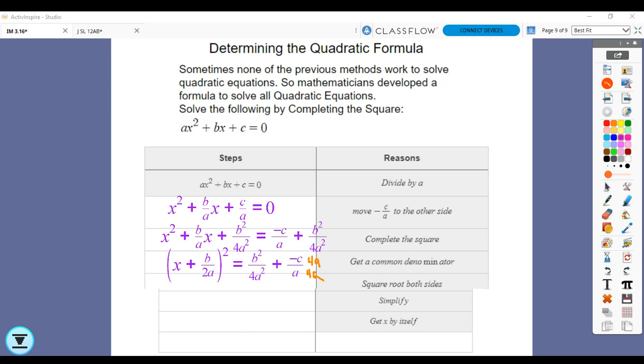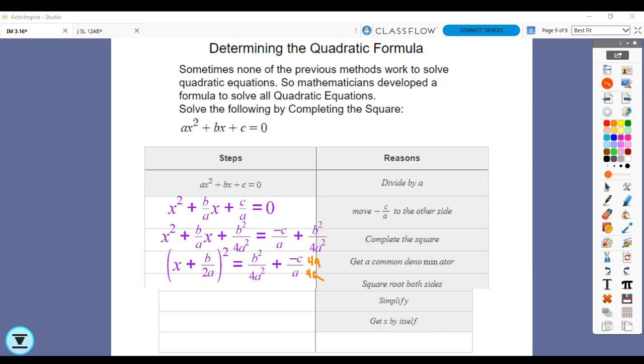So really, since these have a common denominator, I don't need two separate ones. So let's get rid of this and just extend this out. I'm just going to get rid of this whole thing. Oops, not that whole thing. That whole thing.